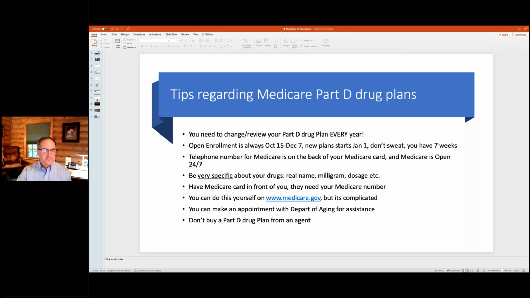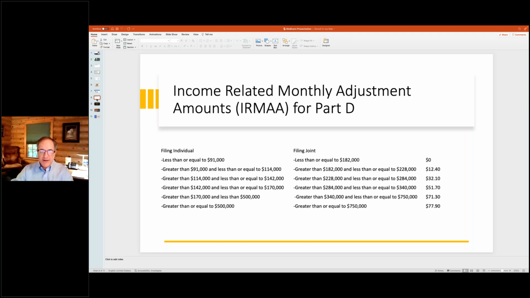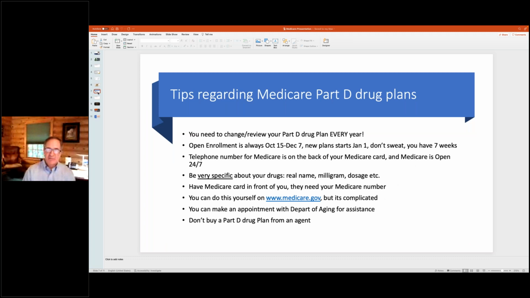Now, about Medicare and how it's broken down. Okay. When it comes to Medicare Part D drug plans, there are really 4 stages for the Part D plans. Stage 1 is a deductible.